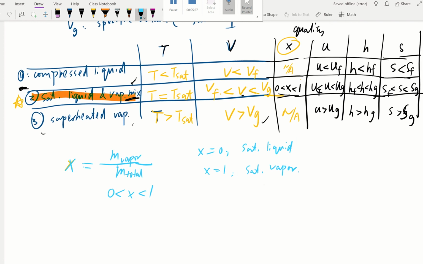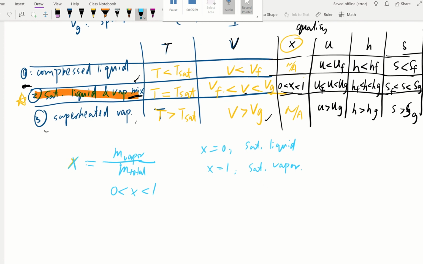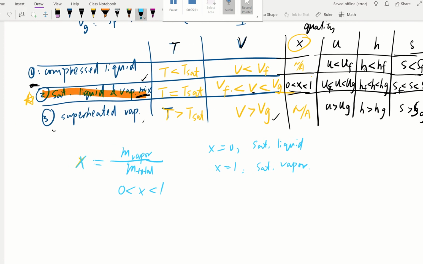If we know the quality, can we find out some specific property, like, for example, our V, specific volume? Here's a formula. If this V is for the saturated liquid-vapor mixture, then this V is going to use this formula.